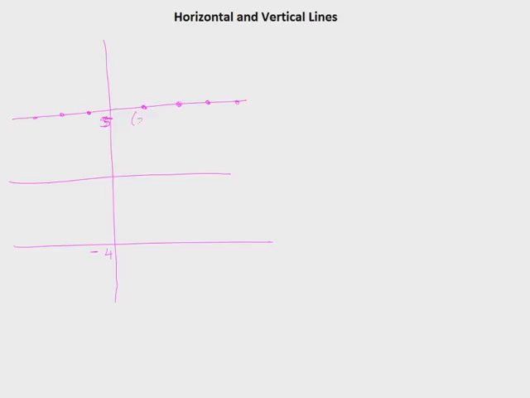So this coordinate could be 2, 5, this could be 3, 5, this is probably 6, 5, this is -3, 5, and so on. So every point on the line has something in common, and that is that the y-coordinate is 5. Only the points on this line will have y-coordinate 5.